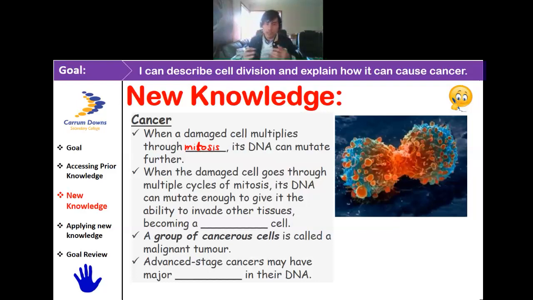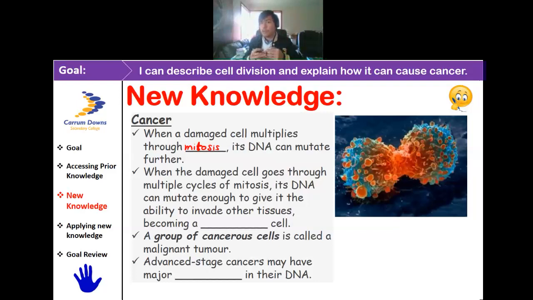In our everyday life, cells multiply through mitosis, and the DNA can mutate, okay. Now, just a side note here, most of the time mitosis would be the cause for mutation, okay? So every time it multiplies, it can mutate most of the time.